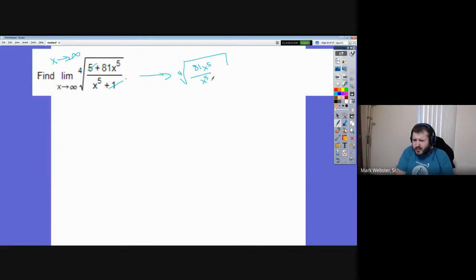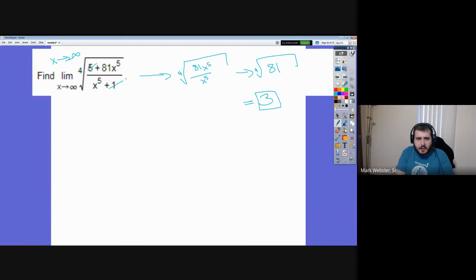Well, now can't we just cancel out those x to the 5ths? But doesn't this basically equal 81? And what's the fourth root of 81? What number times itself 4 times is 81? Well, 3 times 3 times 3 times 3 is 81. So this approaches the number 3.